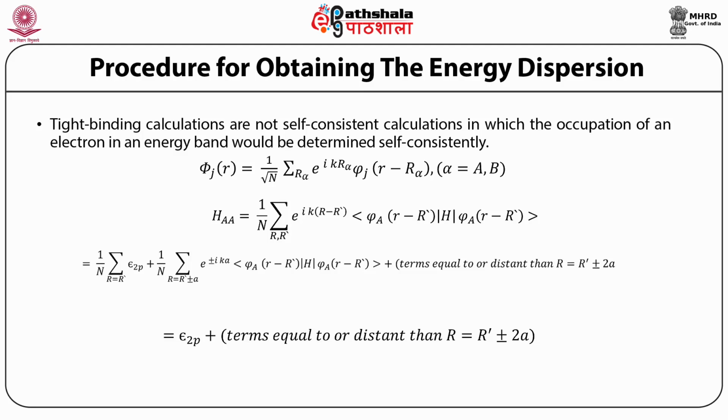This is equal to epsilon 2p plus the terms equal to or more distant than R equal to R bar plus minus 2a.